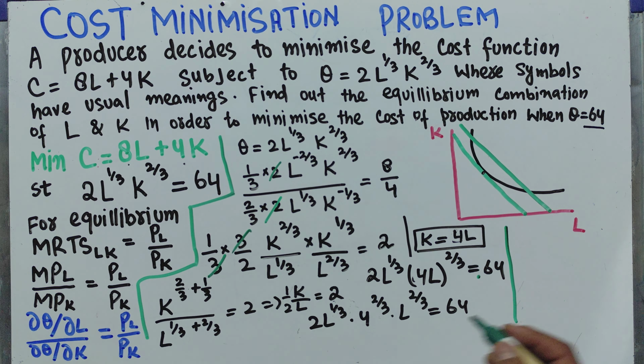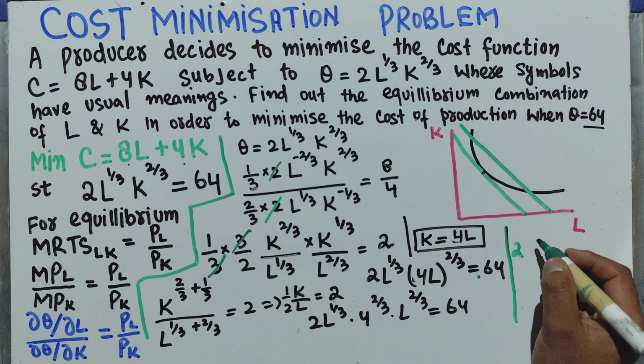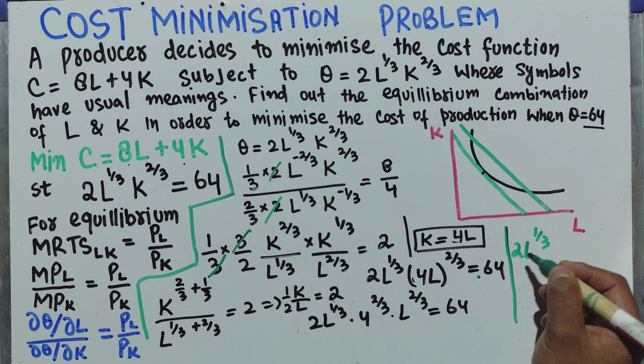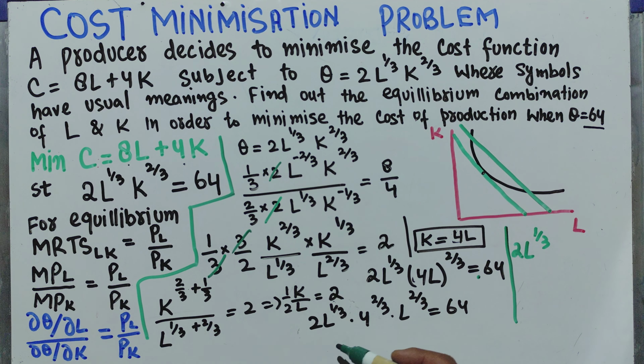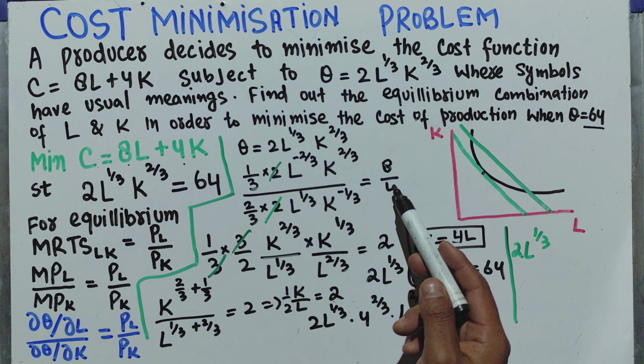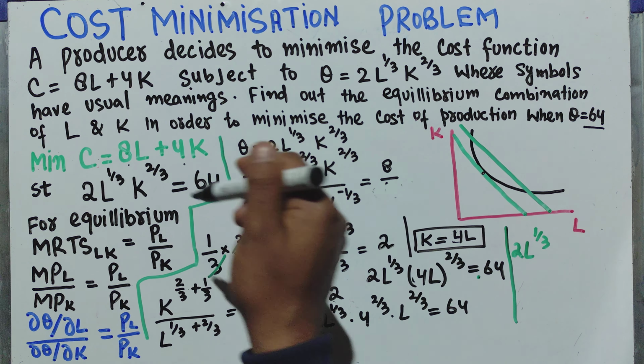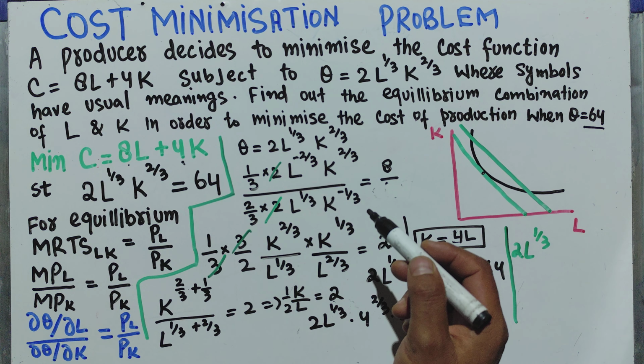Let me see if I can do some. So we have 2 L raised power 1 upon 3. I am doing a mistake somewhere, and I am not sure where. 8 upon 4, rather, the price of labor was 4.